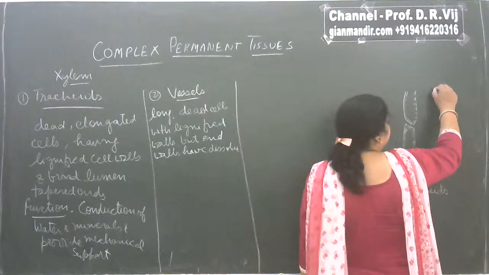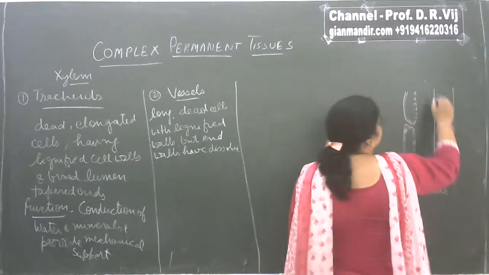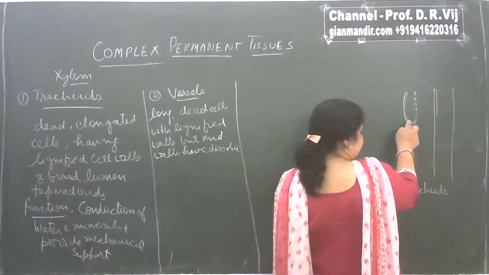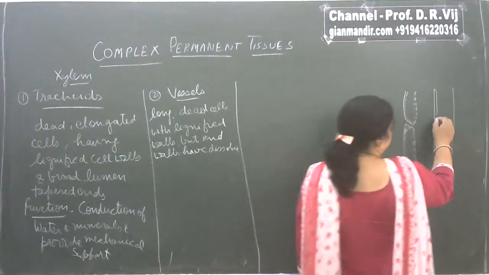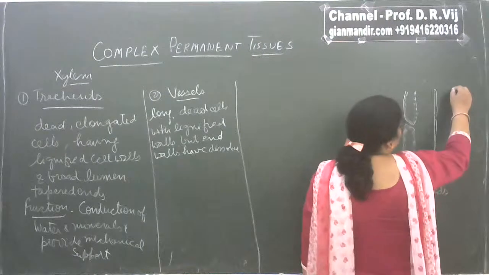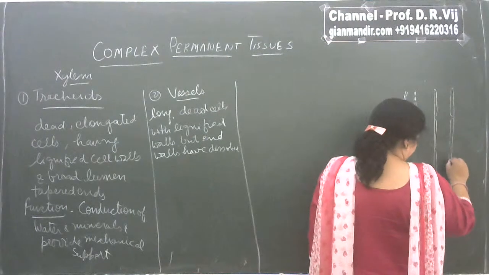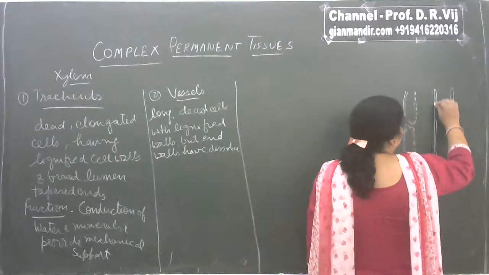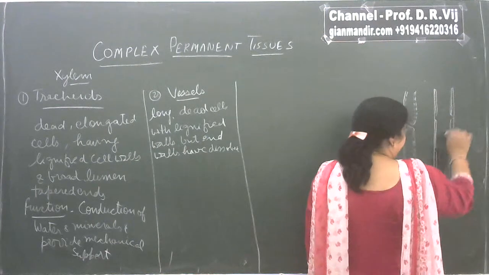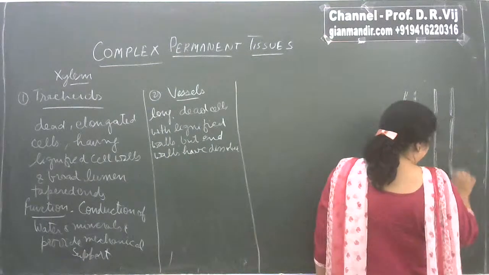So imagine if the walls joining two tracheids vanish, if they dissolve, then it results in the formation of a long continuous conducting channel, and that long continuous conducting channel is known as a vessel. These are the main tubular structures that are responsible for transport of water and minerals.